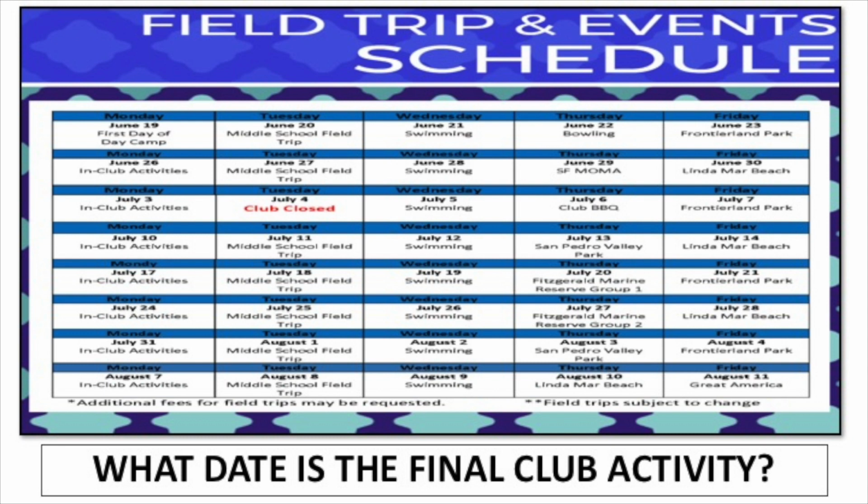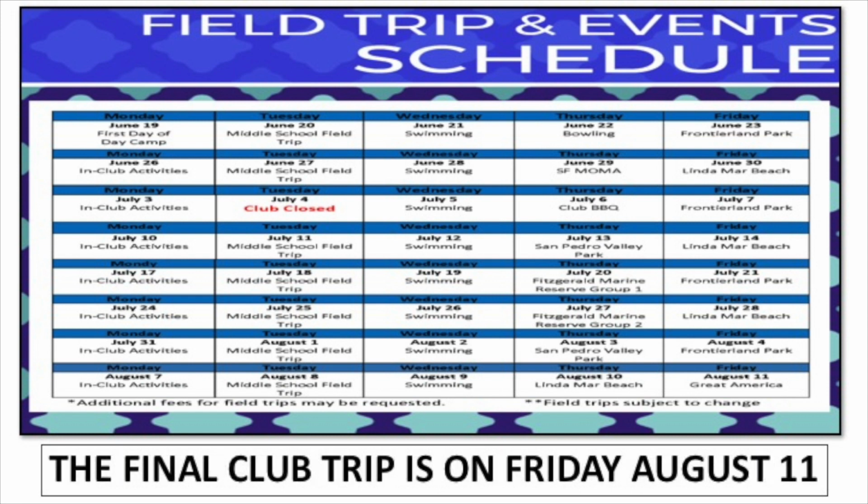You can see Friday, August the 11th is the final day of the program. So that's the final activity. The final club trip is on Friday, August 11. And that's how we read a program schedule correctly. Any questions? That was brilliant, guys. Well done.